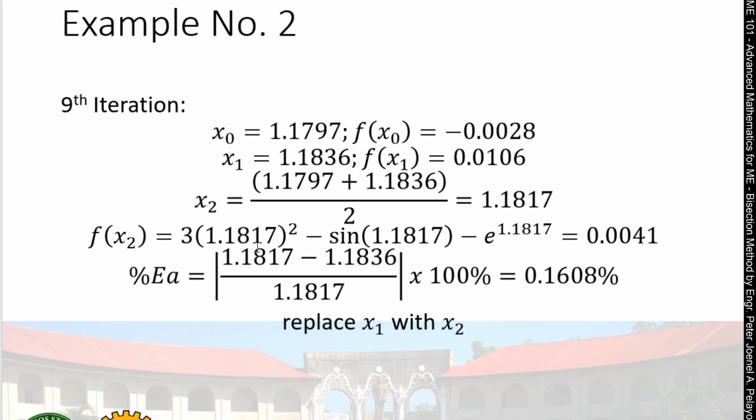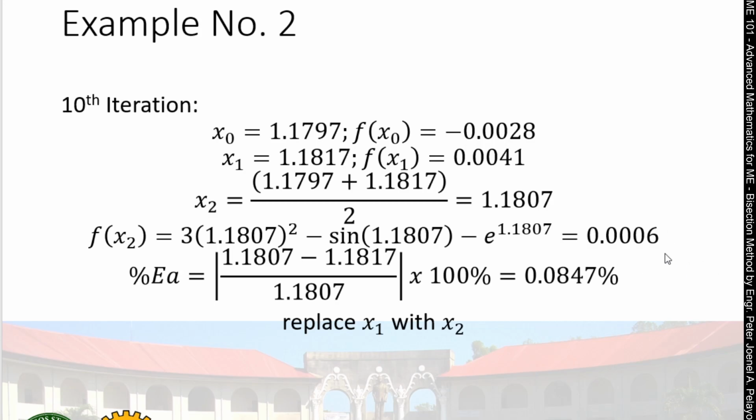So, 3 times 1.1817 squared minus sine 1.1817 minus e raised to 1.1817, which is 0.0041. So, papaalala ko lang ulit, dapat kapag nag-substitute sa calcu, dapat naka-radians. And then, percentage error natin is 0.1608. So, palapit na. Replace x1 with x2, kasi positive.